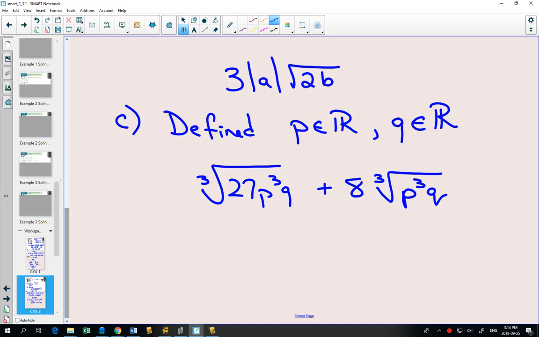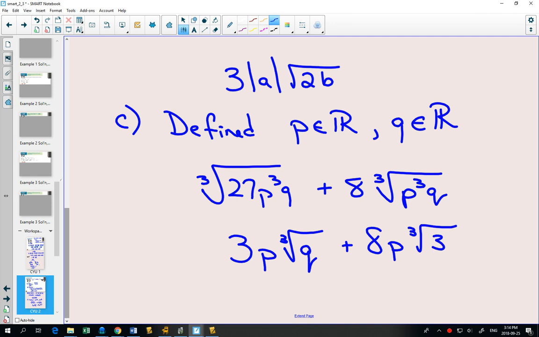This is one where I'm just going to go to the answer. Do I know the cube root of 27? Yes, it's 3. What is the cube root of p cubed? Just p, and I'm left with just a q. Plus 8, cube root of p cubed will be p cube root of q.